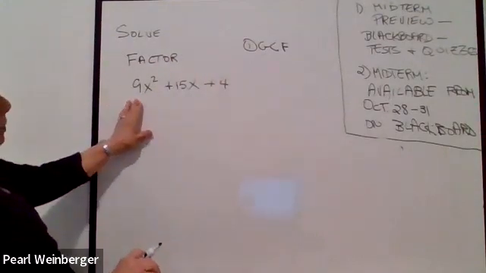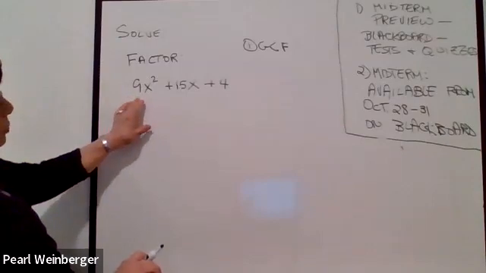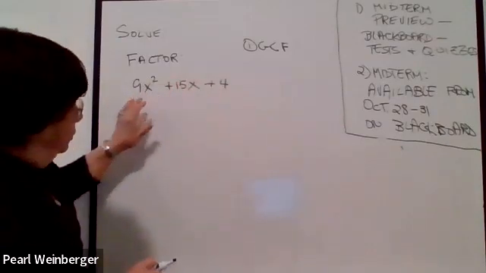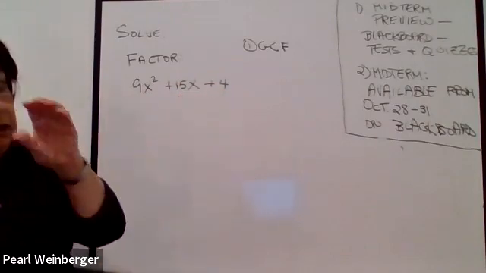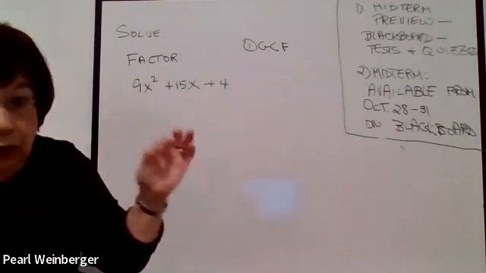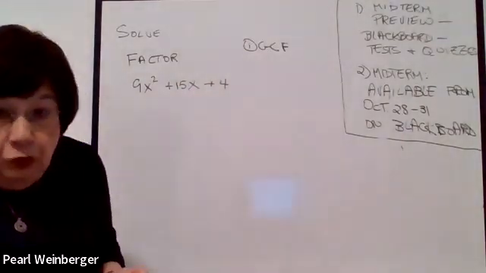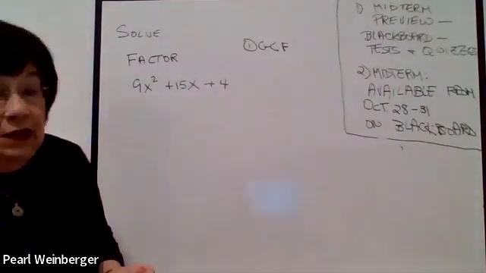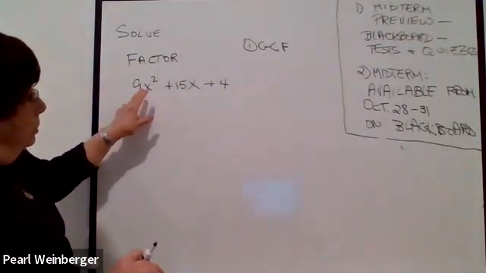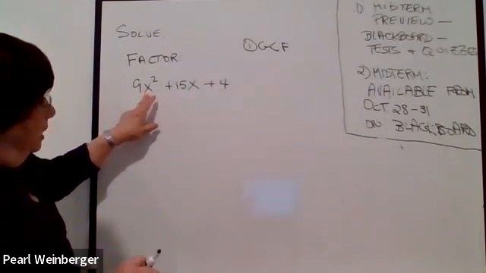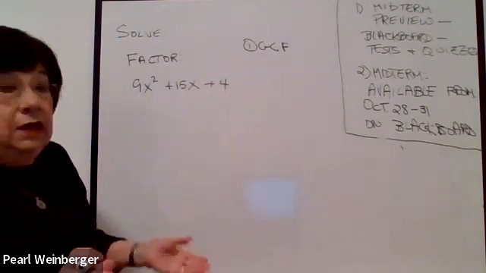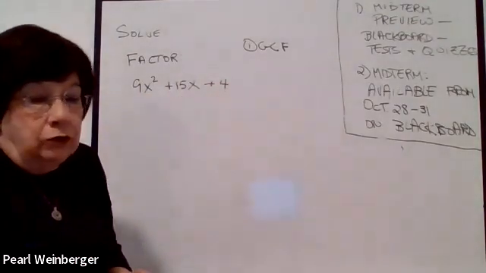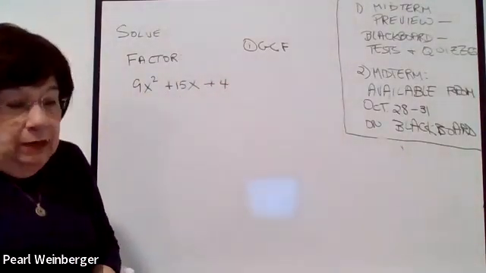Now, if I remember how you find a common factor, you first look at the numbers, the coefficients. So this is 9, 15, and 4. Since there are 3 terms, the common factor would have to go into all 3 terms. There isn't any number. In terms of the variable, this is an x squared, this is an x, but this has no variable. So there is no common factor in this example.